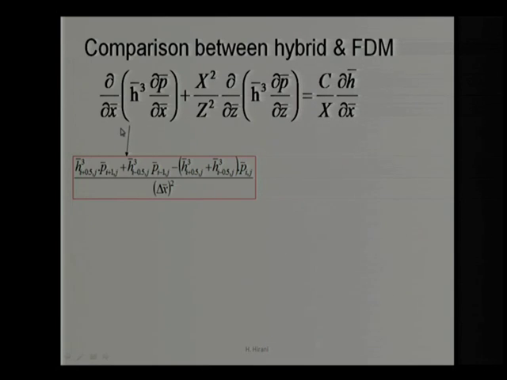We already understood how to discretize, how to present the pressure profile at the nodes, and here i and j are the nodes. So, h bar here is calculated at the node i plus half, which is hypothetical, but we can find out the geometry at the hypothetical node.